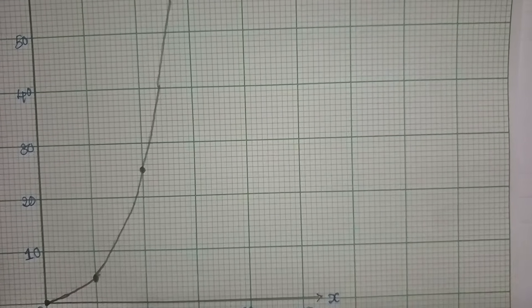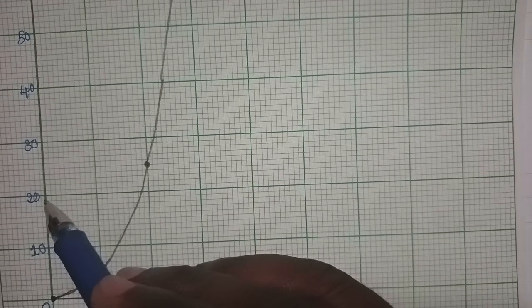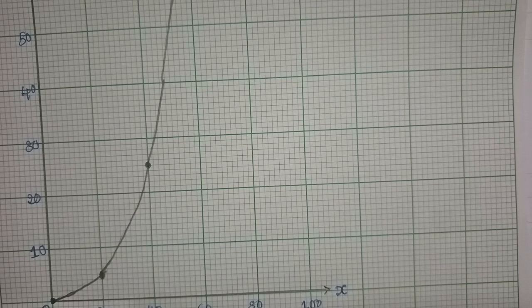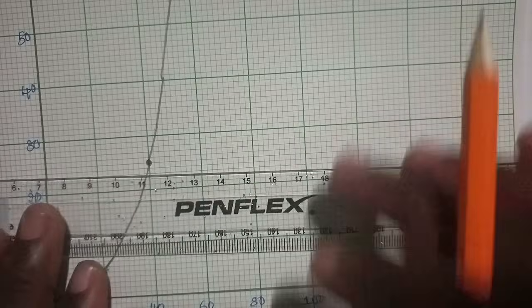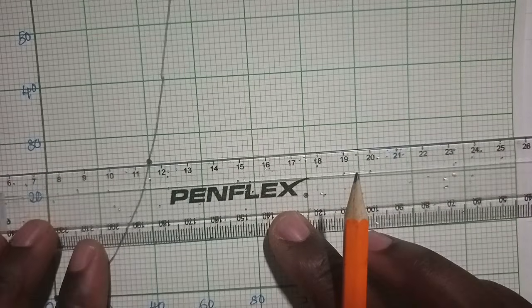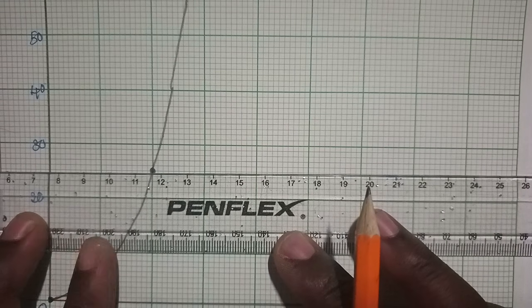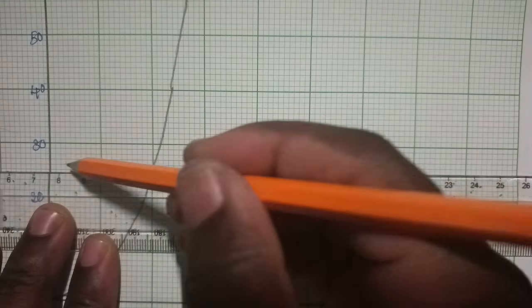Okay? So now you come to your graph. Where is 25? So this is 20. 25 is right here. Okay? So the y-axis where 25 is right over here. So now this 25, you now do a line like this.